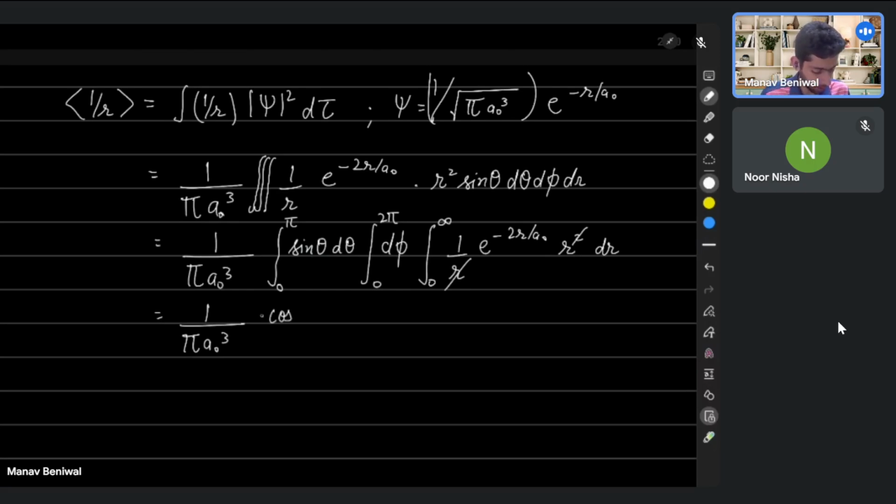This comes out to be minus cos theta, and the limits are 0 and pi. And the d phi integral is simply 2 pi minus 0, 2 pi. And then here we will have the integration from 0 to infinity of r times e to the power minus 2r by a naught dr.